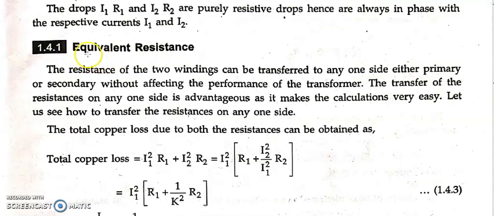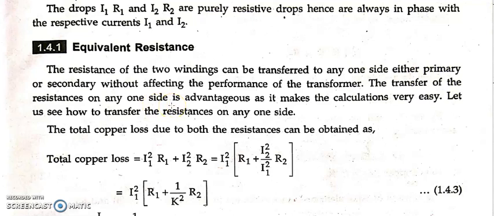Now let us try to calculate equivalent resistance. The question which arises in your mind is, what exactly is equivalent resistance? Like I told you, drop occurs in the primary winding as well as the secondary winding. In the primary winding occurs I1 R1, whereas in the secondary winding occurs I2 R2. What we are trying to do here is transfer the resistance from one side to the other.